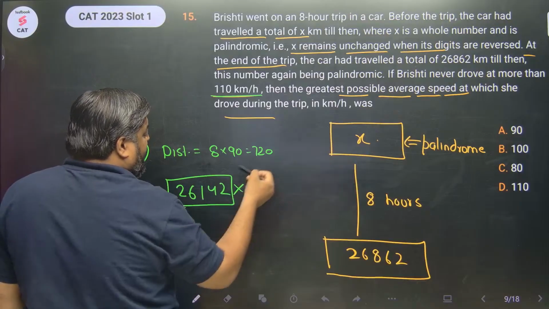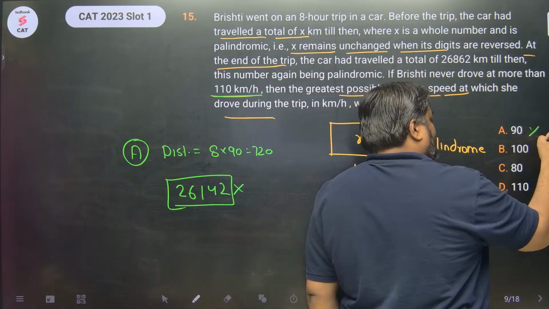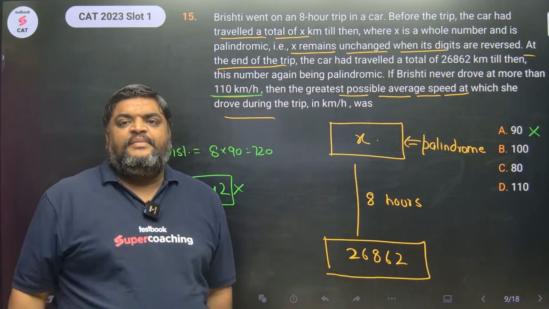So x cannot take this value. So the speed cannot be 90.